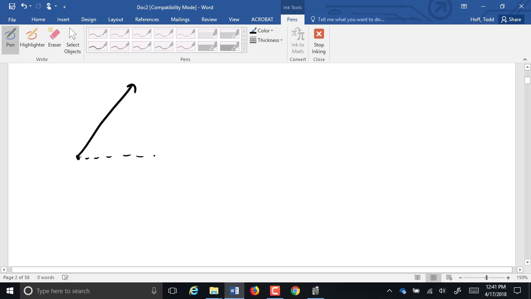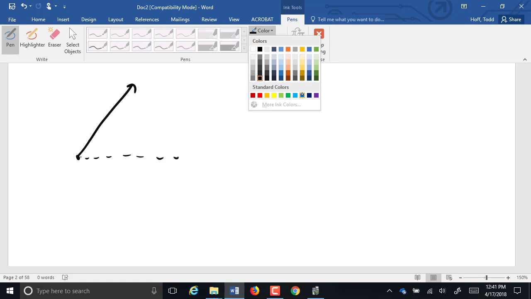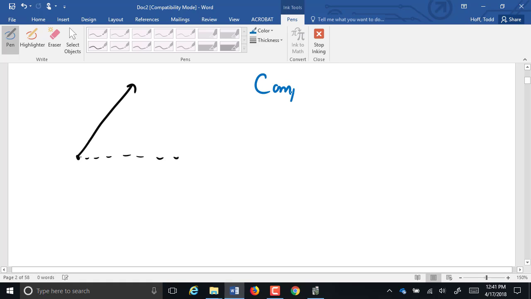When dealing with a vector, most often we deal with something called components. Components can be thought of in a couple of different ways.